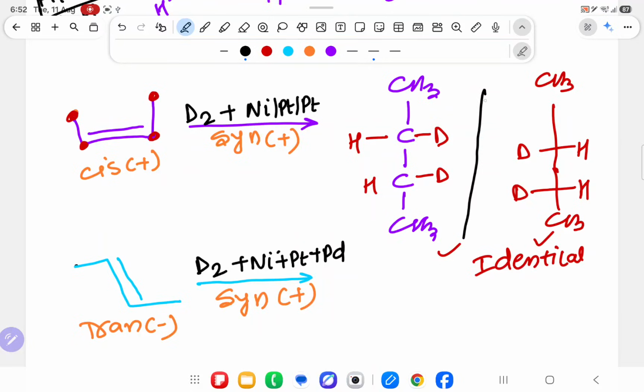Identical structures are those structures which form a mirror image, but they will not show optical isomerism. It has a plane of symmetry, and because of the plane of symmetry, it has this chiral center, this chiral center. So this is a meso compound. A meso compound is a compound which has two chiral centers and a plane of symmetry.